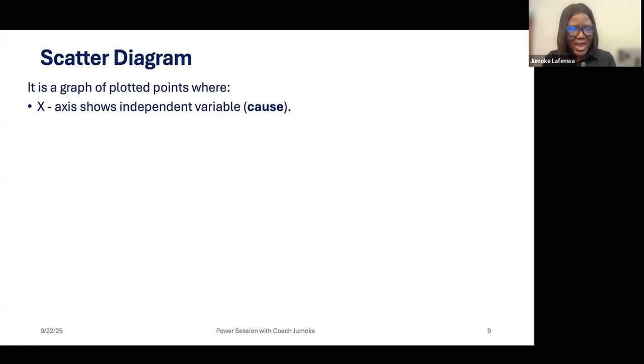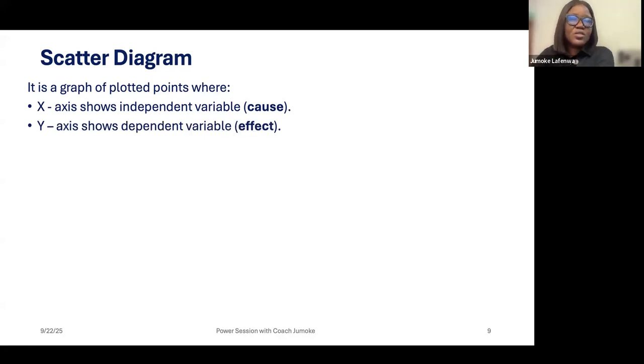You realize that as you are increasing the number of hours for the extra classes, the performance is also increasing. That's a possible outcome. You can be increasing the number of hours for the extra classes and nothing is happening to performance. That's a possible outcome. Or as you are increasing, performance is rather declining. That's also another outcome. All right.